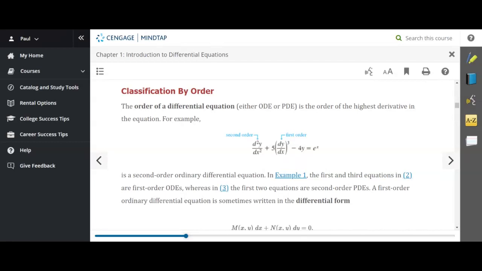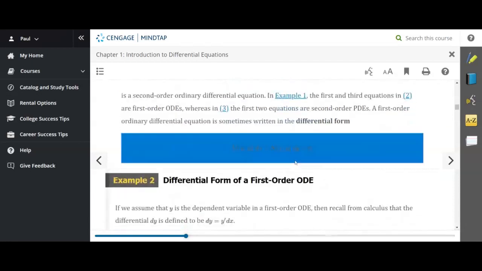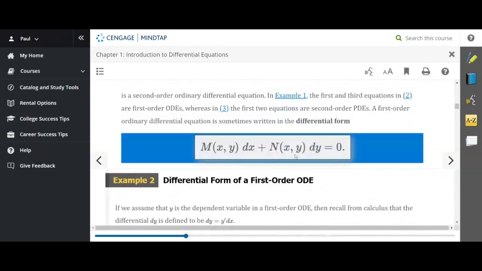So we can classify differential equations in terms of their order, and it's the highest derivative in the equation.